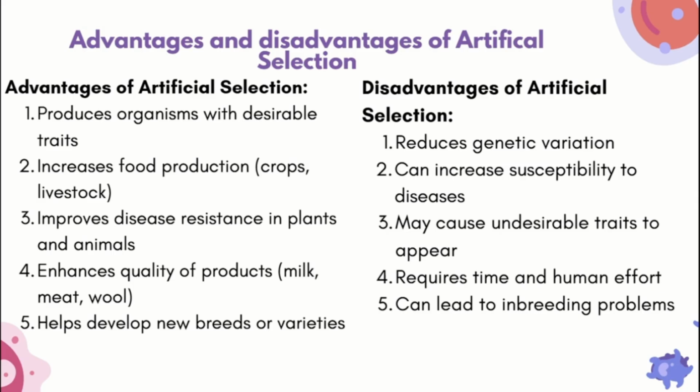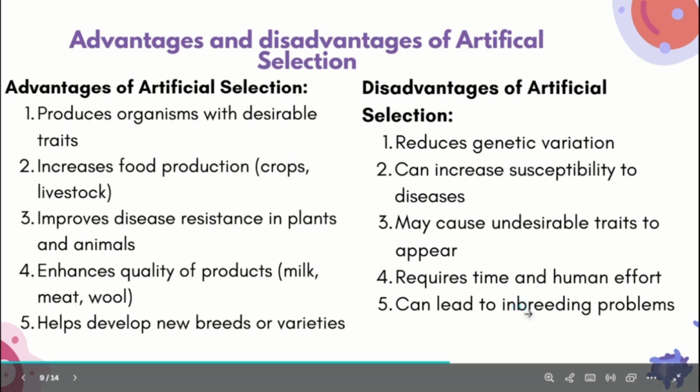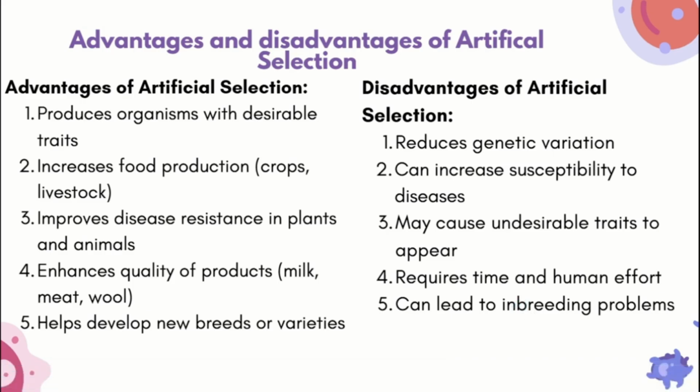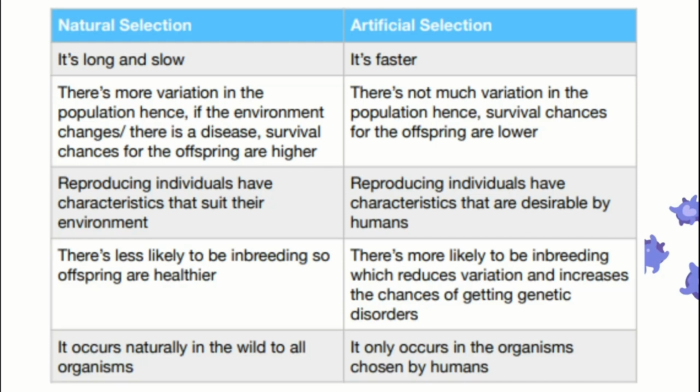And basically, requiring time and human effort, it is literally called artificial selection, so it means that it is basically humans. We're doing all of this, right? Inbreeding is basically when you mate individuals like siblings or cousins, basically related in some way, and it can cause problems depending on what they're trying to do or what their end goal is when they carry out this artificial selection.